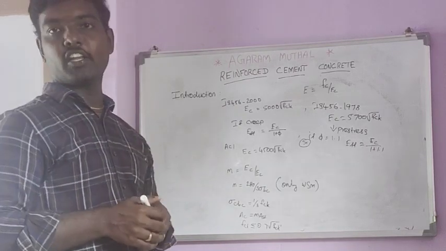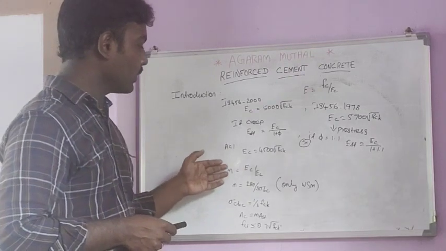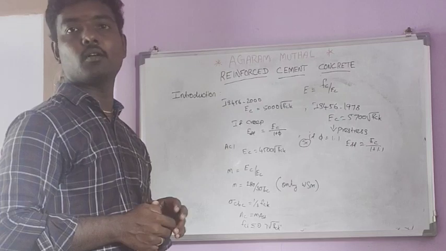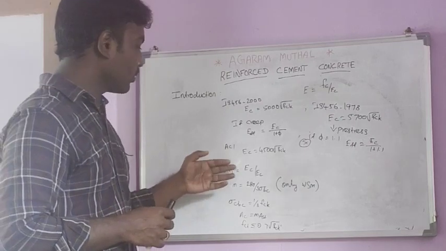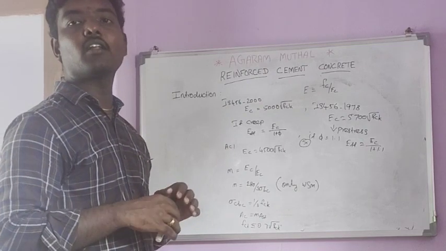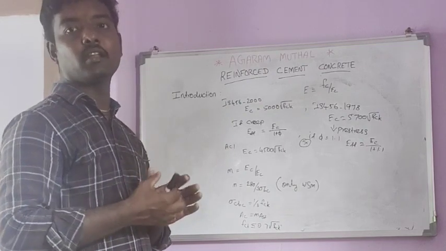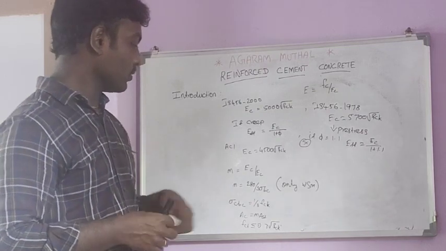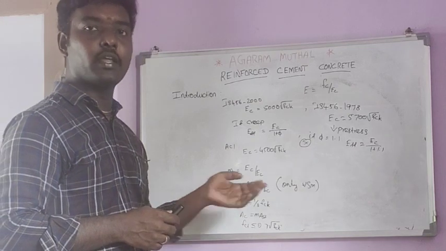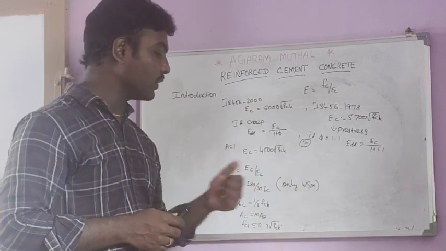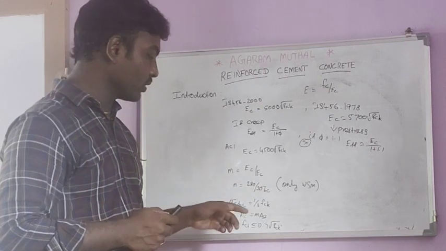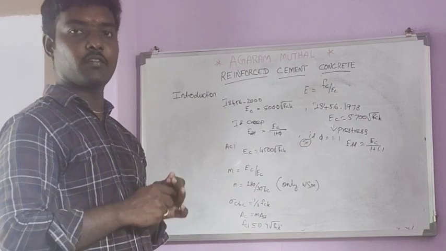And modular ratio. Modular ratio is nothing but the ratio between the Young's modulus of steel and the Young's modulus of concrete. More or less, this value should be minimum. Otherwise, if the modular ratio increases, the grade should be increased. In the empirical relationship, the modular ratio is derived as 280 divided by 3 sigma cbc, where sigma cbc depends on one third of fck.